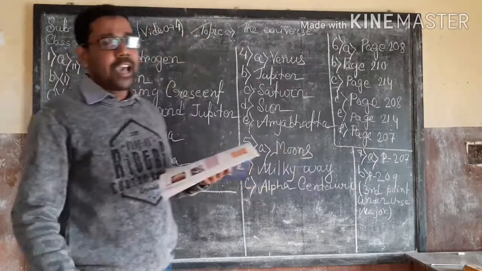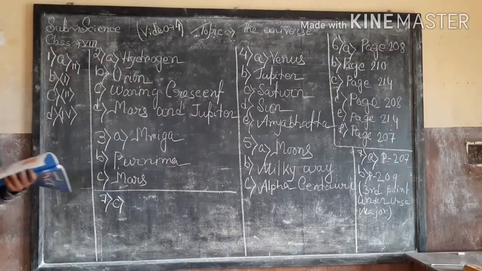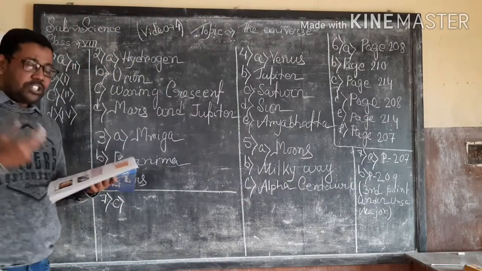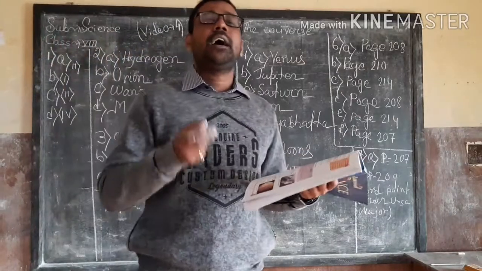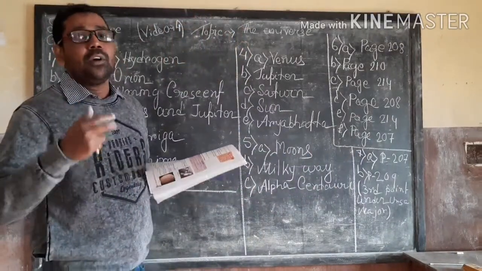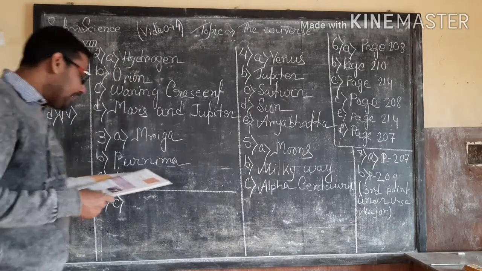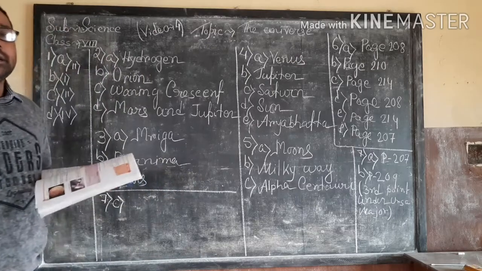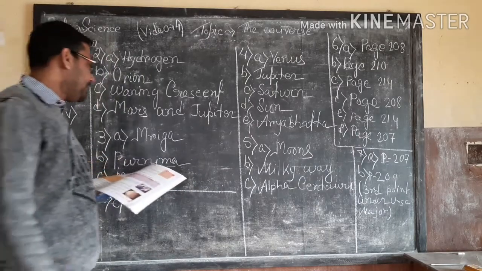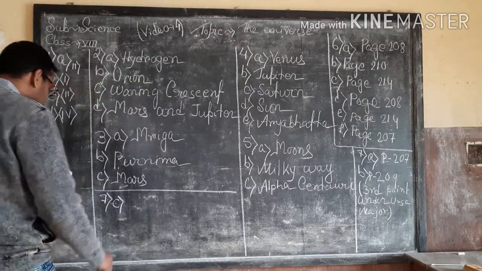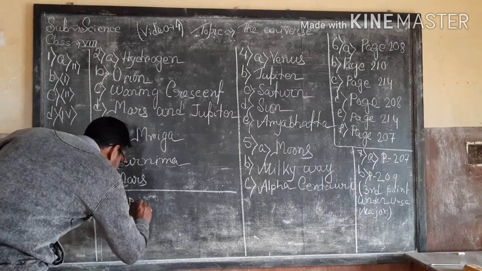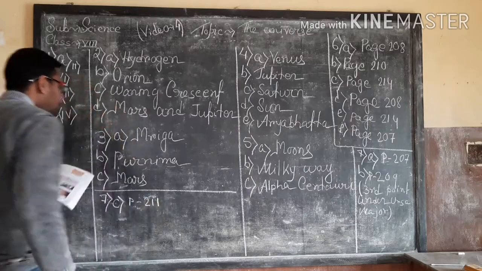For this answer, mention which 4 planets are called the inner planets and which 4 are called the outer planets, and also consider the difference between the inner planets and outer planets. The answer for this question is present on page 211.